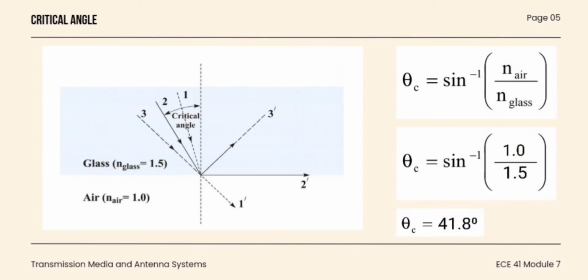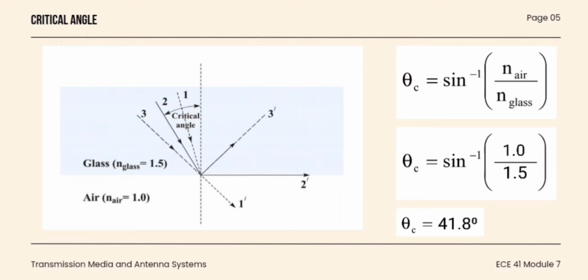Okay, so Snell's law indicates that refraction cannot take place when the angle of incidence is too large. Figure 1 presents 3 light rays in a glass block. Light cannot get out of the glass if the angle of incidence exceeds a value called the critical angle, where the sine of the angle of refraction would equal 1, which is ray 2 to 2 prime.